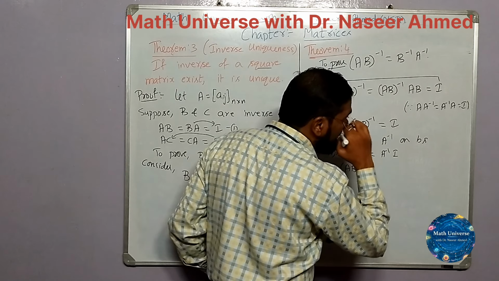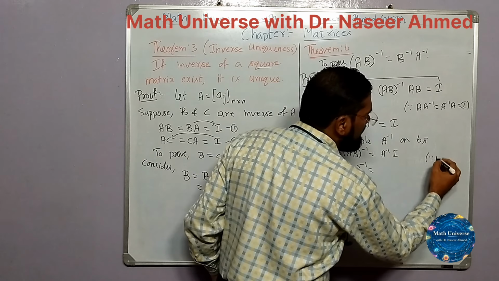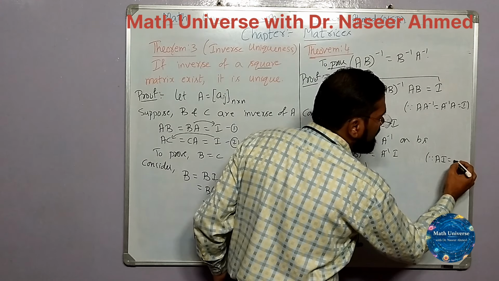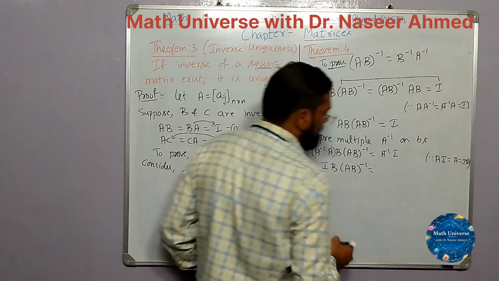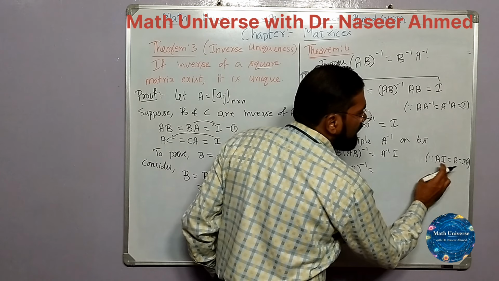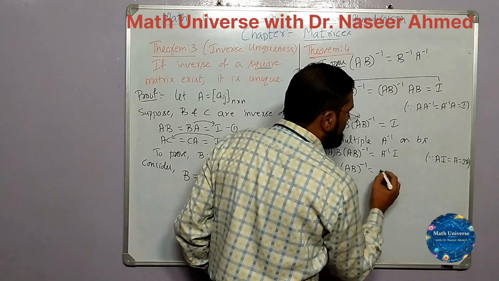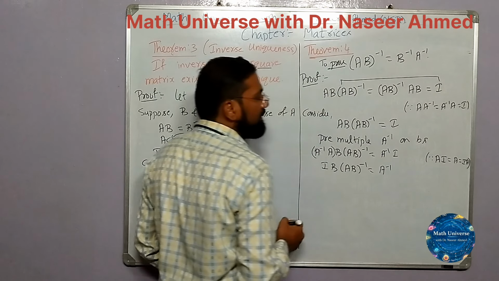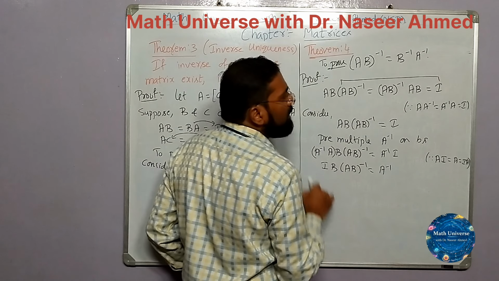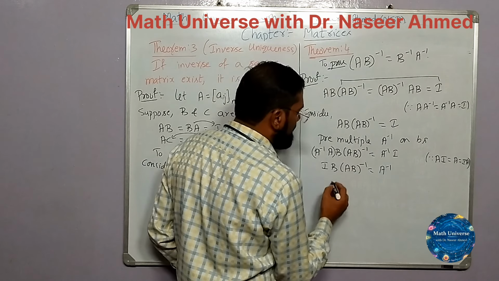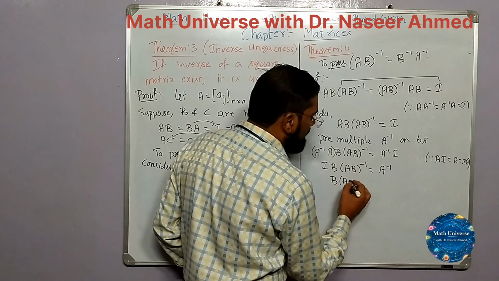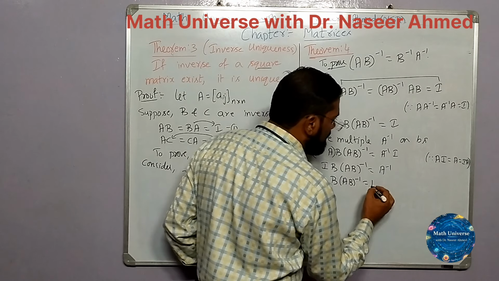And again we know that whenever you multiply any matrix with identity, you get back the same matrix. So A inverse into I will be A inverse itself. Next, I into B will be B. Then the whole inverse of AB is equal to A inverse.